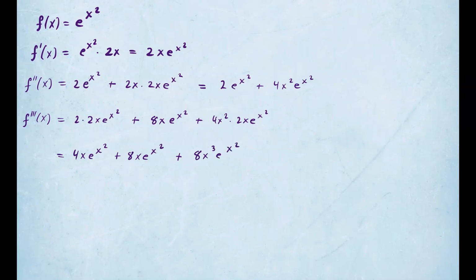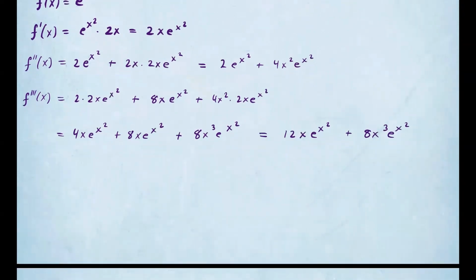Now I can combine the like terms: 8 plus 4 is 12x e to the x squared, and then plus the rest, 8x cubed e to the x squared. Very carefully done. Now we take the derivative of that.